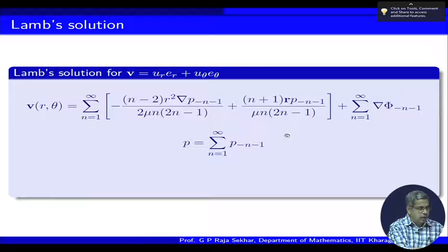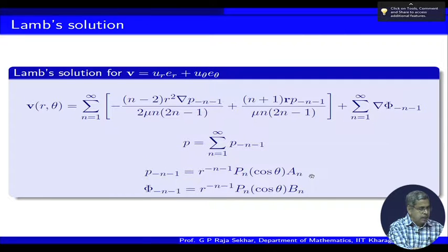There is a curl part chi n, which contributes to the rotation part. Since in this case it is axisymmetric, that is missing. Okay. So, we take the Lamb solution, and since it is axisymmetric, you can recall.